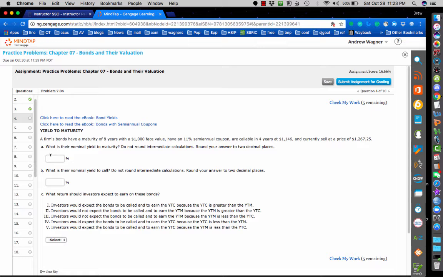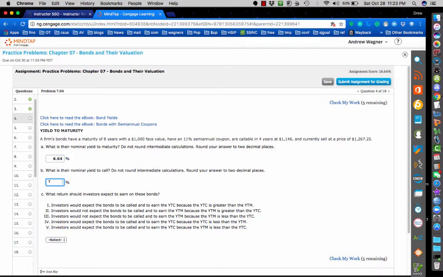That's per coupon payment period, which is semi-annual. But as you know, interest rates are always reported on a per annum basis, so I need to multiply that by 2. So once I've computed I, I say times 2, and then I get 6.64. Whoops, not 54, 64 would be the yield to maturity.